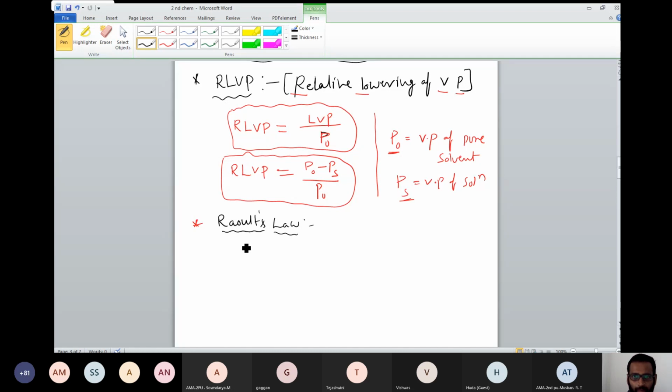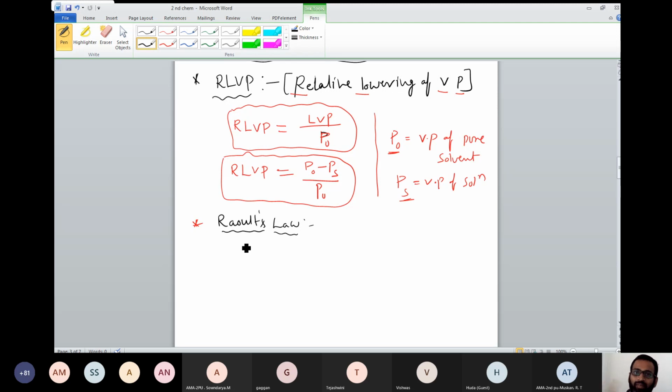To understand that, we discussed evaporation, that is vaporization, and next condensation. Vaporization means liquid to vapor, condensation means vapor to liquid, correct?